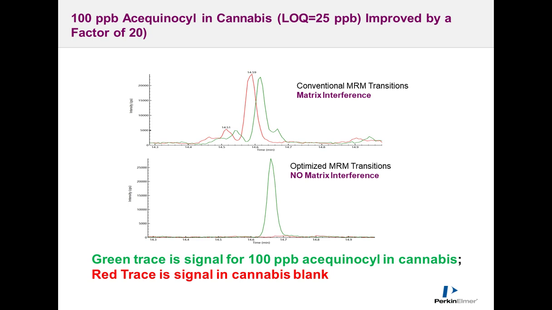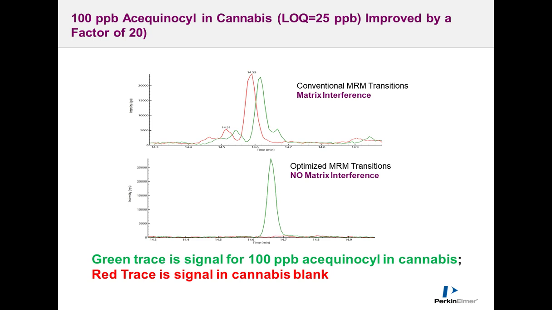Taking acetylquinol as an example, we can see that doing a quick literature search for what's been done in other matrices for this pesticide is not sufficient to work in a cannabis environment. Cannabis is a very complex material with a lot of overlap with ions and suppression.